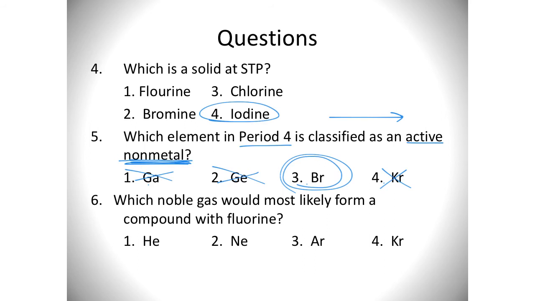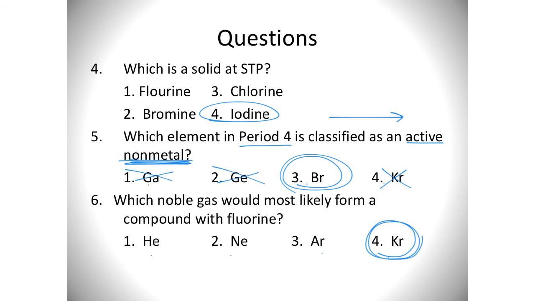So number 6, we know our noble gases do not readily react. They have a full valence shell, so they are incredibly stable. However, they have been forced to react with fluorine under extreme conditions, very high temperature and pressure. The one that would react the easiest would be the one who is the biggest.